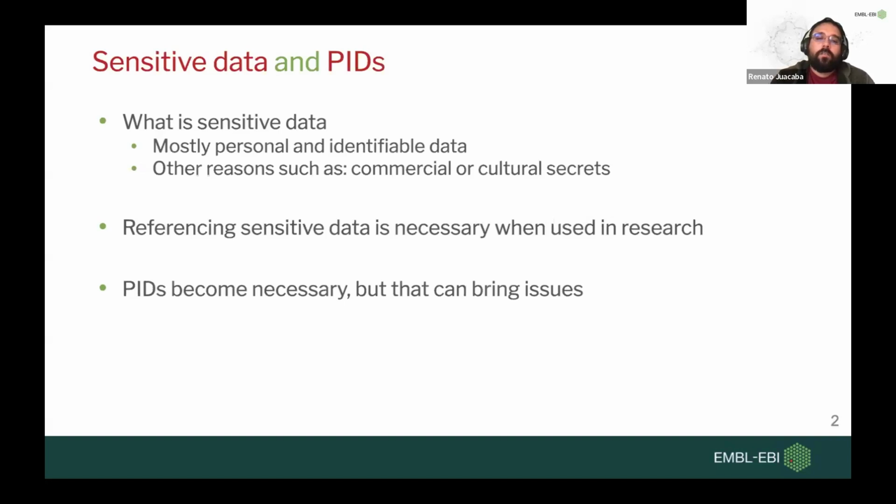And this is necessary to reference this type of data in research, since we want to provide reusable datasets, identifiable and everything. And these require the use of persistent identifiers, which are strings, usually of text, that uniquely identify data pieces, and they are persistent so that the actual reference to data objects can be found in the future.